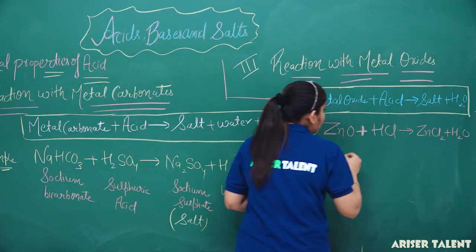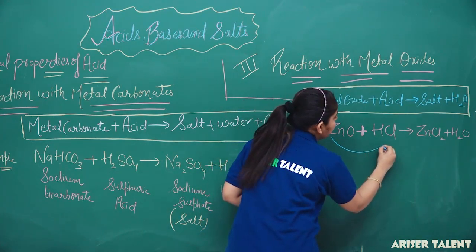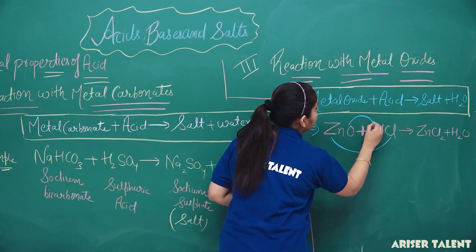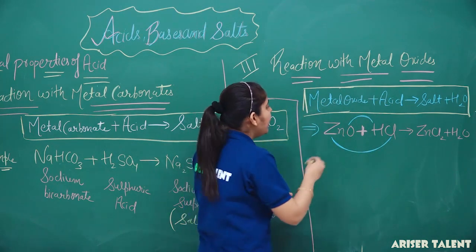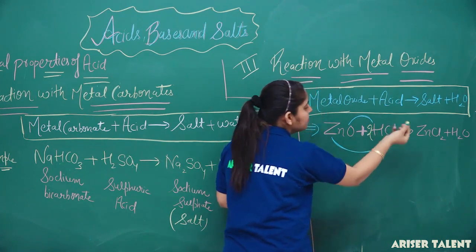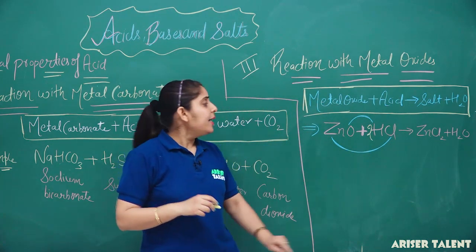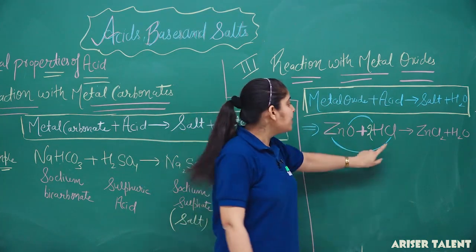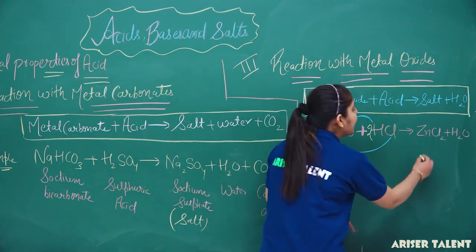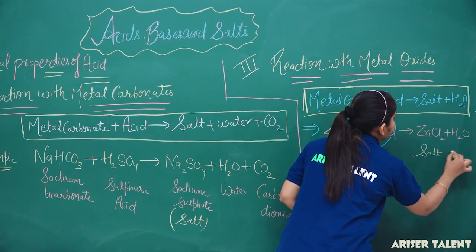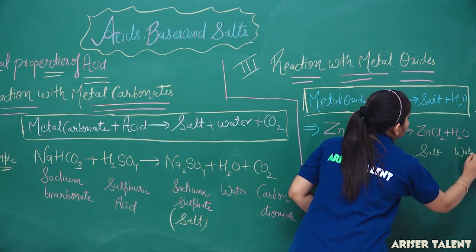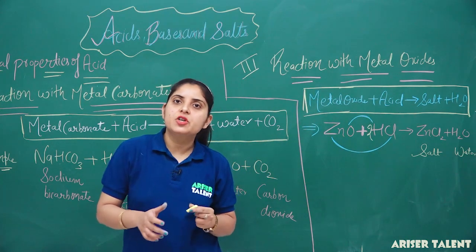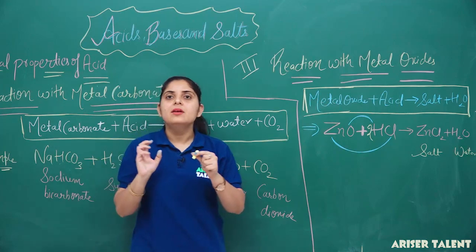It means zinc will react with chlorine and H will react with O to give H2O, and I am substituting 2 here for balancing the equation. It means when any of the metal oxide is going to react with any of the acid, we will get salt plus water. So this will be the general representation of the reaction of metal oxide with any of the acid.